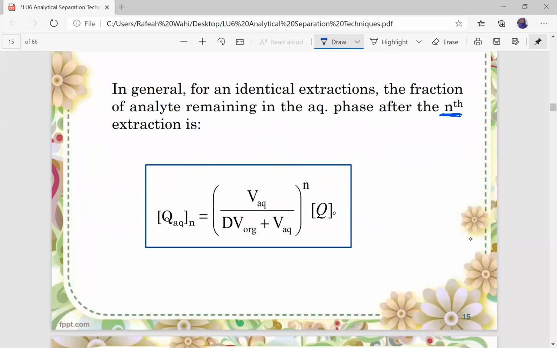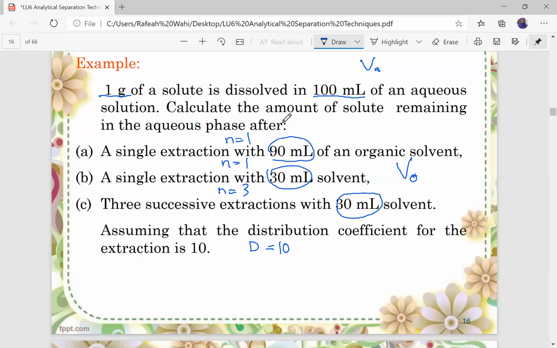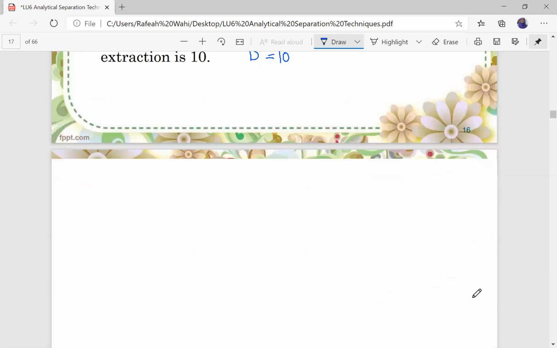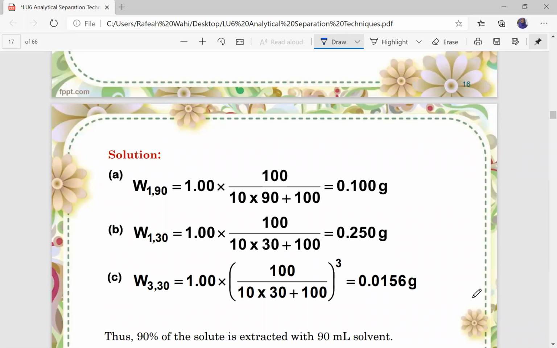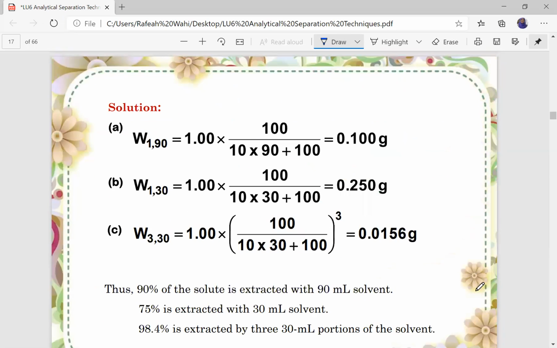Try to use the equation to calculate your answer, which is the amount of solute remaining in the aqueous phase after extraction. When you substitute all the values into the equation, you will get the solution.